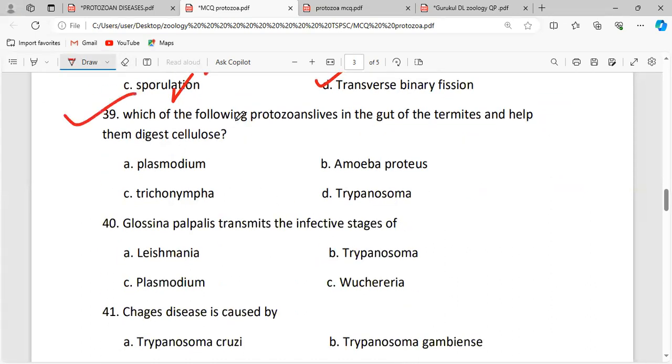Next, which of the following protozoans lives in the gut of the termites and helps them to digest cellulose?